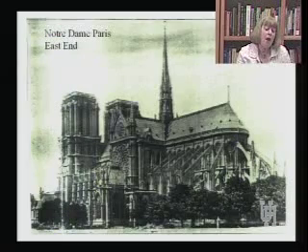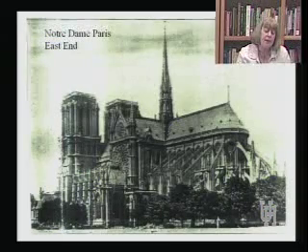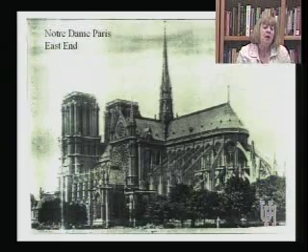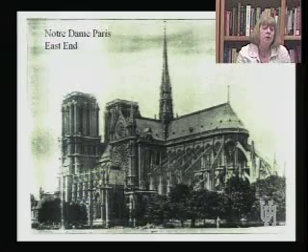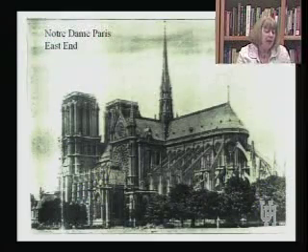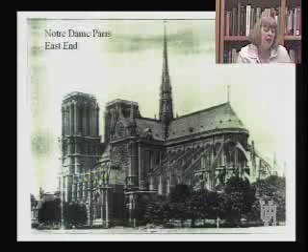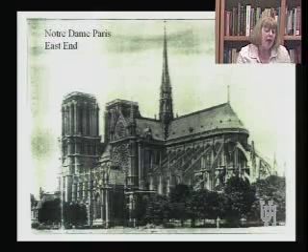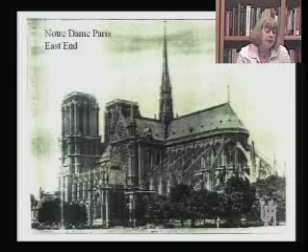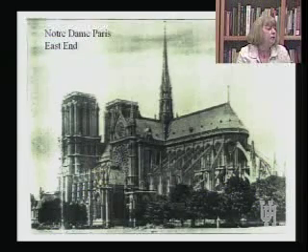What they were trying to do with these churches was build walls that were diaphanous, skeleton walls that could let the light come flooding into the cathedral. And in order to do that, they had to learn some new engineering skills. One of those engineering skills was the pointed arches, which can bear more weight.